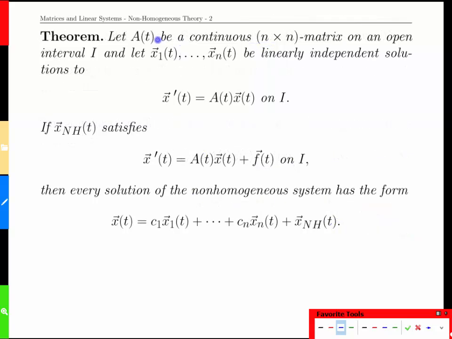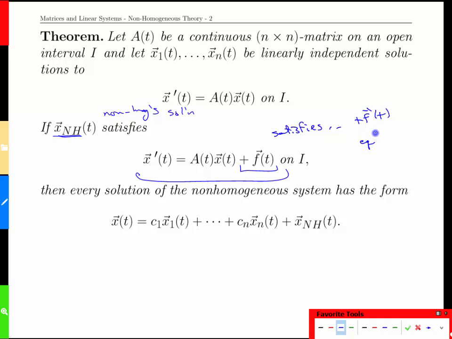Well, here's the theory that's going to come to our rescue in this case. Again, if we have a homogeneous case here, and if we can find a non-homogeneous solution, which satisfies the entire equation with the f of t, then guess what our general solution is going to look like? It's going to be all these solutions, which are solutions to the homogeneous case, or what we would have called yc.